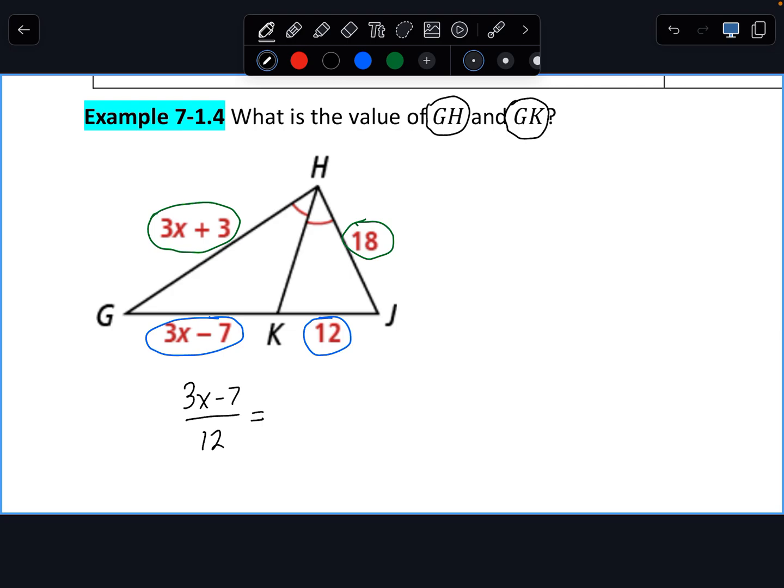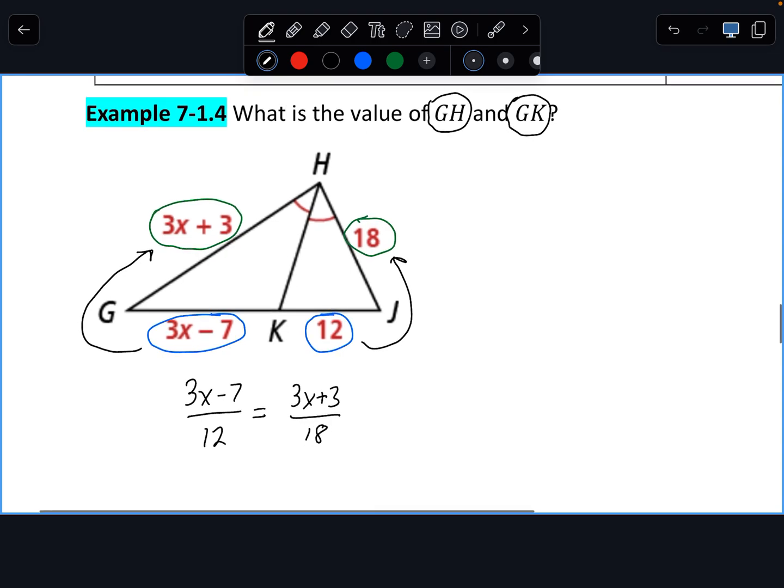But the key here is wherever I put the 3x minus 7 in my first fraction, the 3x plus 3 has to go in the same place. So since I put 3x minus 7 in the numerator of my first fraction, 3x plus 3 has to go in the numerator of my second fraction. And wherever I put the 12, I have to put the 18 in the same part. They both go in the denominators.